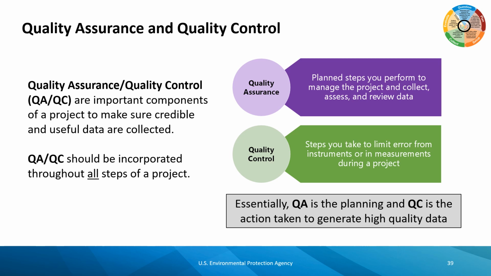So, what's the difference between quality assurance and quality control? Quality assurance is essentially the planned steps you'll perform to manage the project and collect, assess, and review the data so that it will meet your data quality expectations. Quality control refers to the actions, steps, or technical activities you'll take to limit error in the measurements you collect.